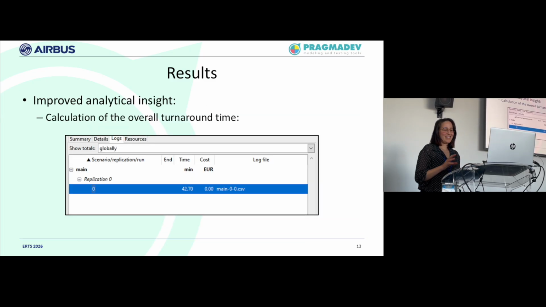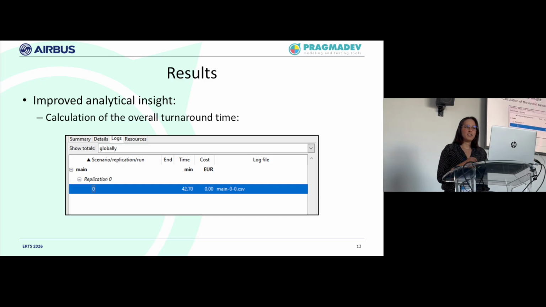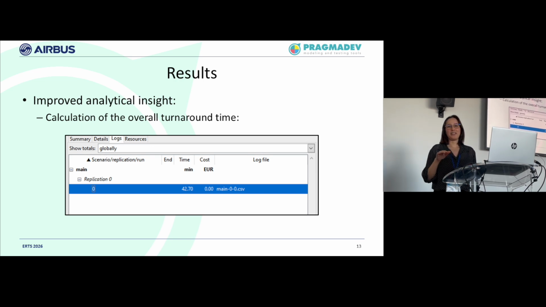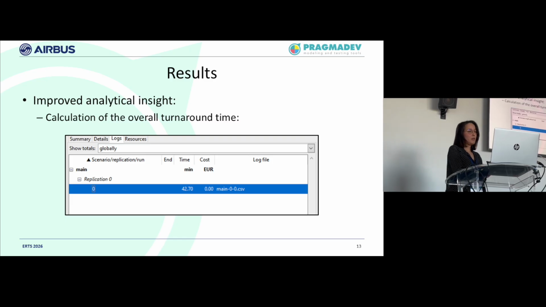The last capability was the calculation of the overall turnaround time. Here we have 42 minutes, which for a low-cost company wouldn't be acceptable at all, because it's more than 30 minutes. So this is something we can see and think about how to optimize, what kind of activities we can change, and so on.